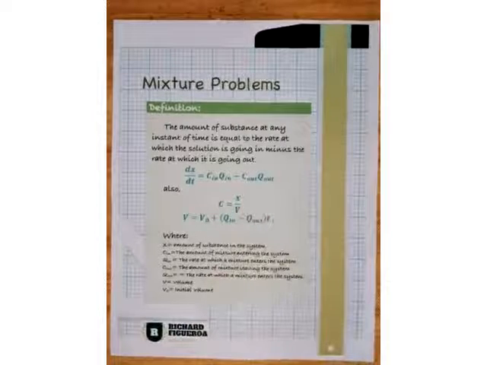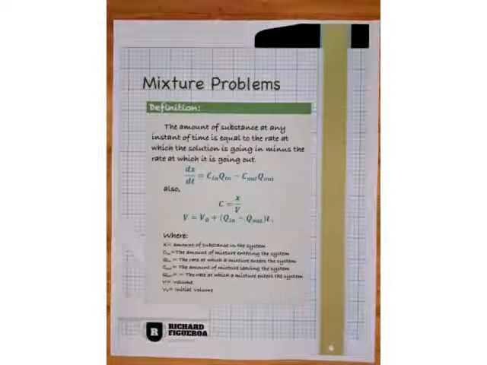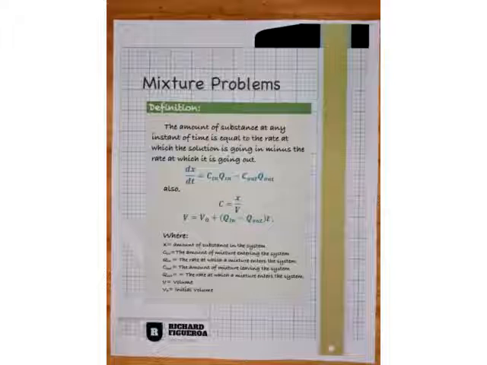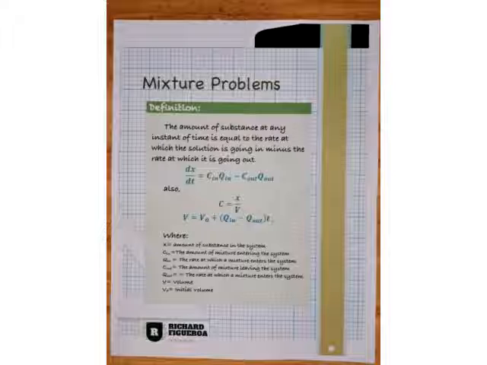So that's our formula. So dx over dt is equal to C Q in, so that's the concentration times the rate, minus the concentration times the rate of the solution as it leaves.